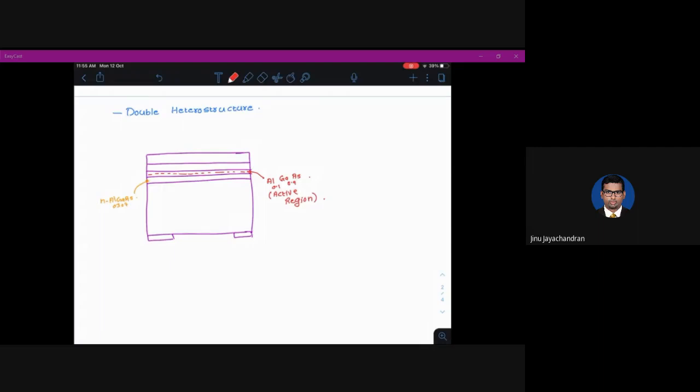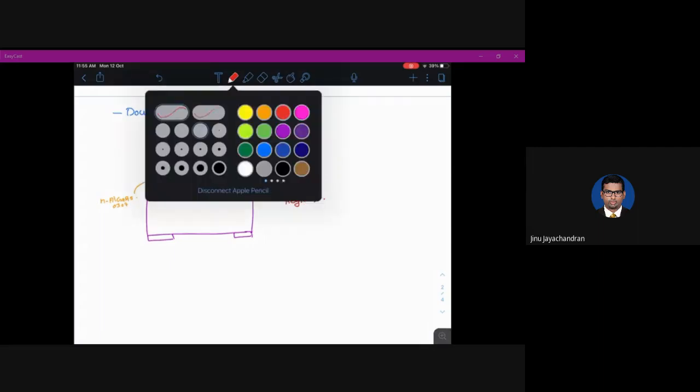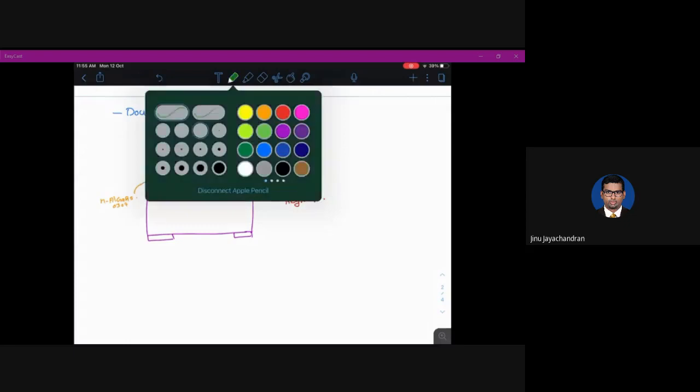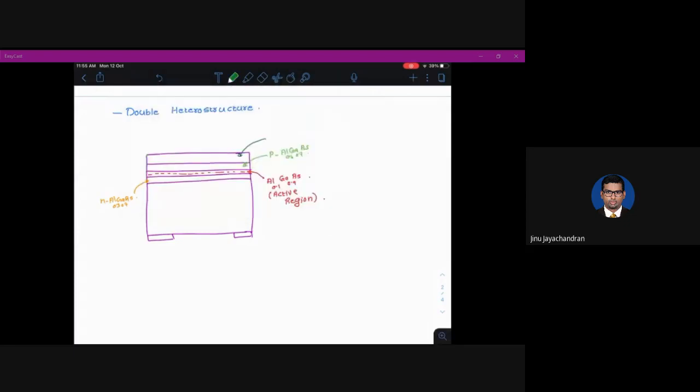The third one is a P-type aluminum gallium arsenide with composition 0.3 and 0.7. And the fourth one is a P plus gallium arsenide.